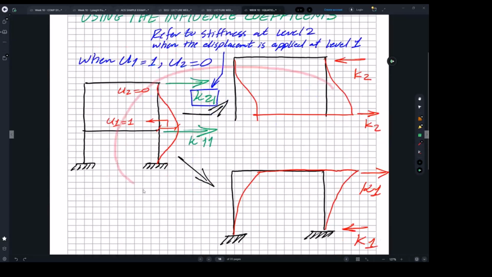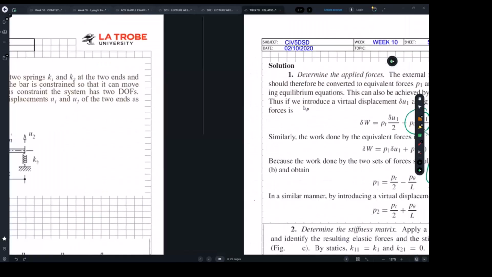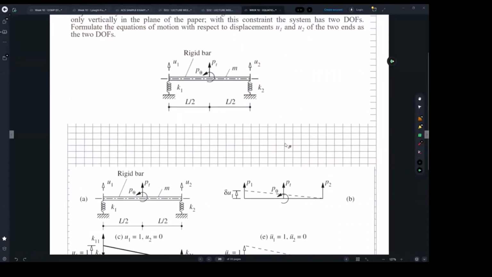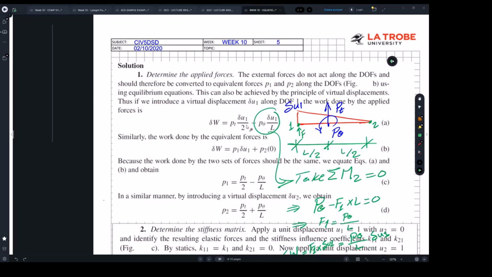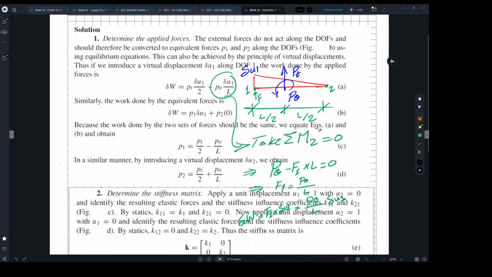We're using the same concept of the influence line, otherwise it's easier to apply this method. The influence lines they established are like shown here, with 0 on one end and 1 unit on the other end. From here, they work out the forces and reactions at the ends, and that's basically what they did.